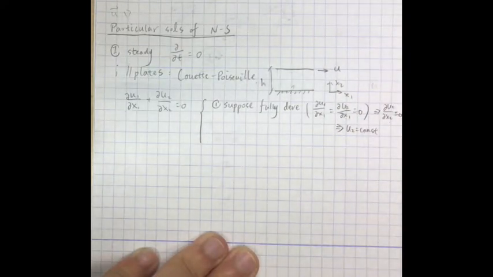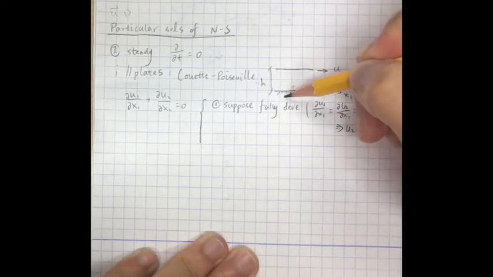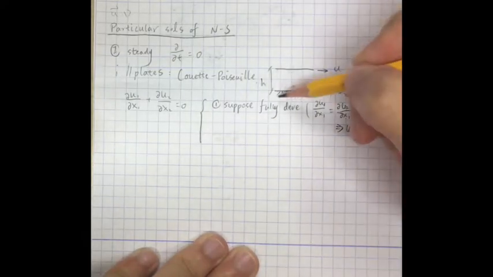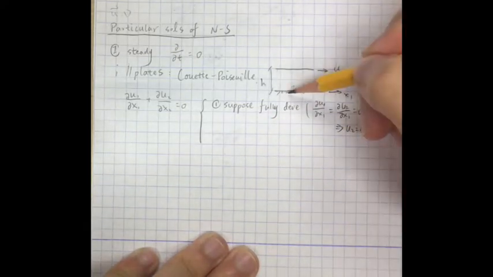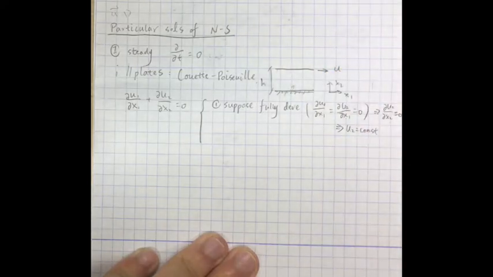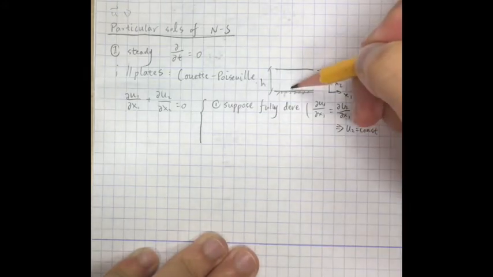I think it cannot, right? First, it cannot have a u2 downwards because the boundary here is a solid boundary. If I have a u2 down here, then there's penetration, right? We don't allow that.